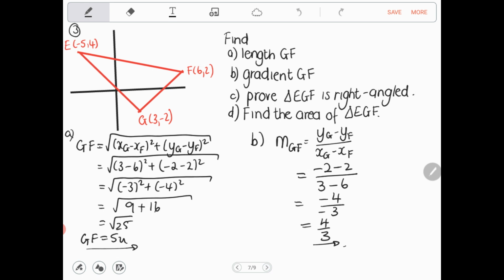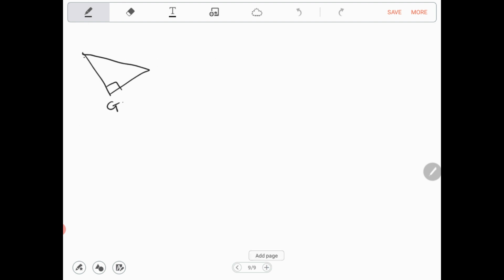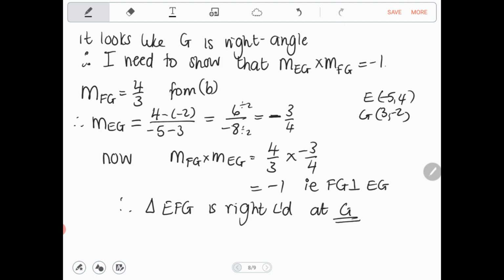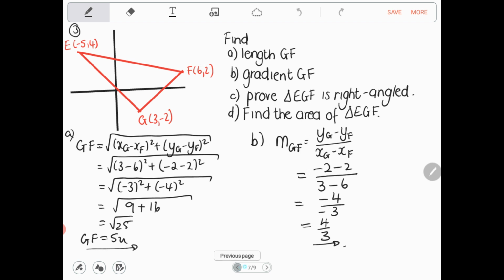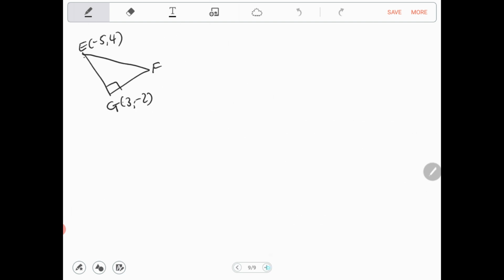Okay, so E is (-5, 4), G is (3, -2), and F is (6, 2). Okay, so I have just proved that that is 90 degrees.